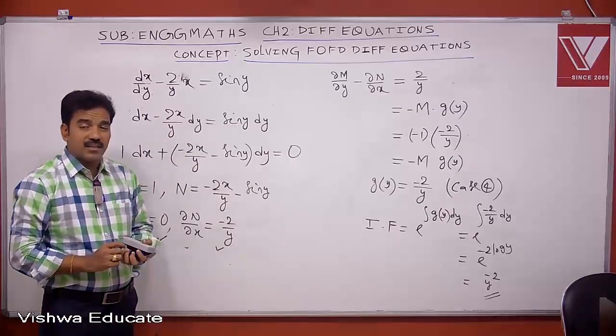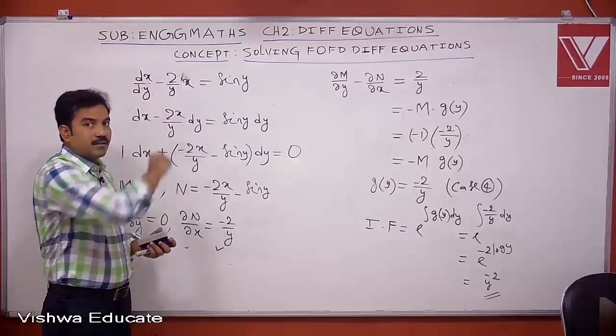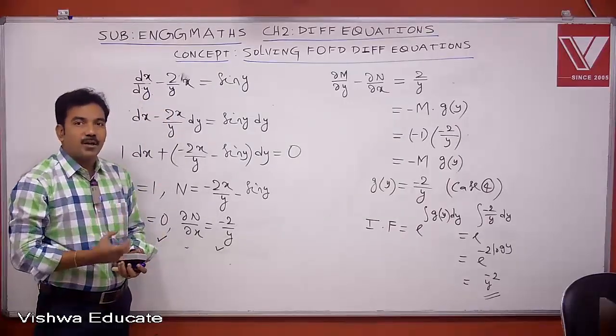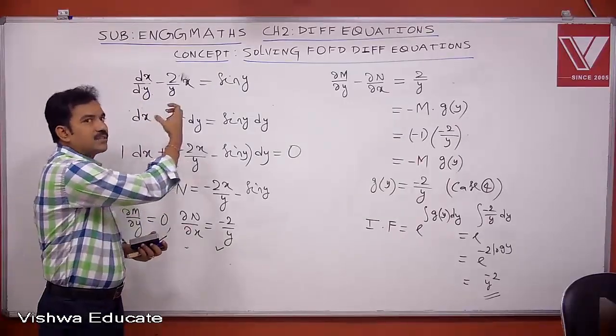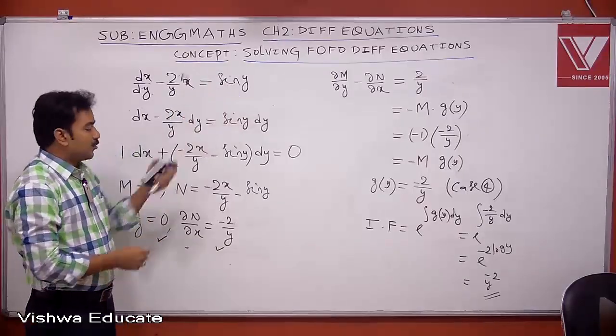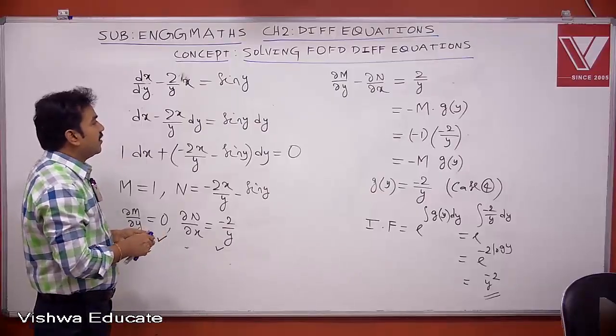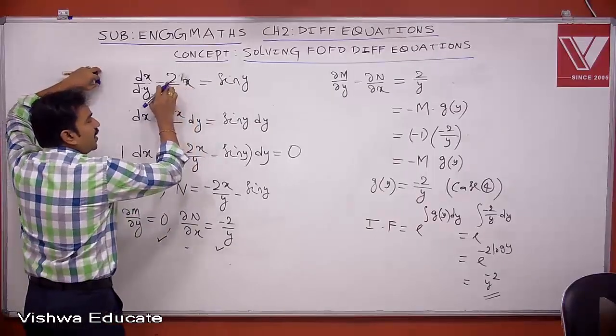Just like the previous case, in the previous example we wrote dy by dx. So now I interchange the positions of x and y. Of course, I have done some manipulations in the coefficients of x and the right-hand side term. Previously, what is acting as f of x? Previously, the coefficient of y is acting as f of x.